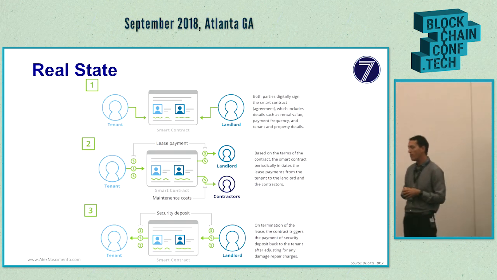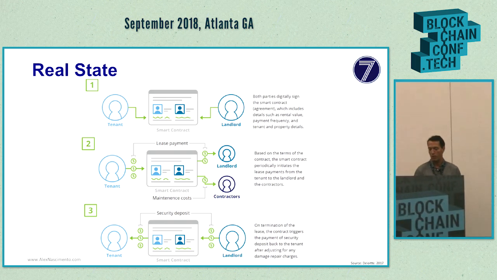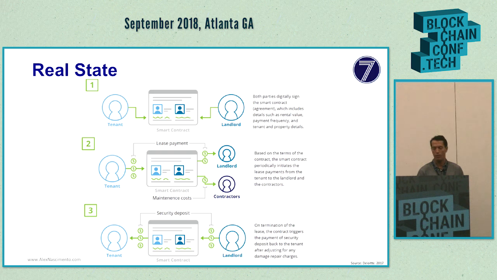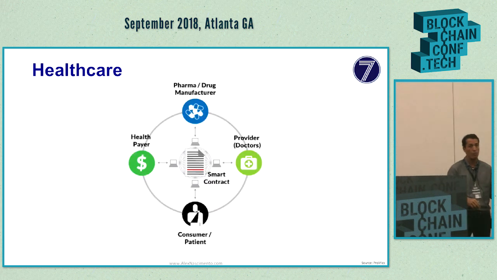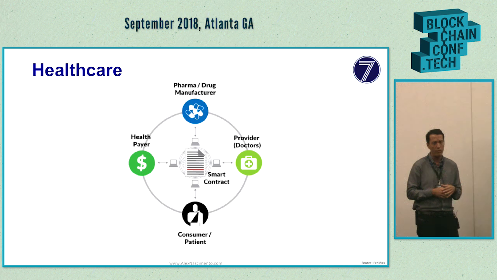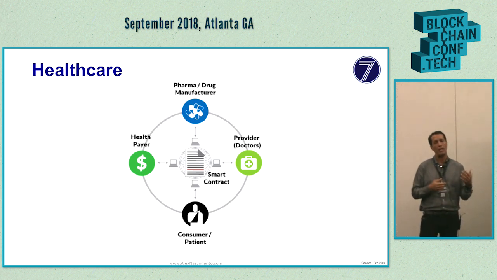So those are some of the different applications a smart contract and a blockchain could use for real estate. Healthcare is another one. A lot of what we see in healthcare, which is very challenging, is the sharing of data.